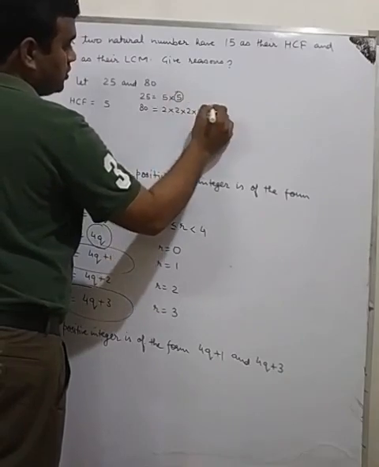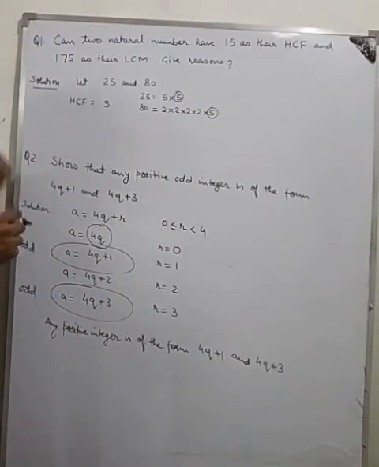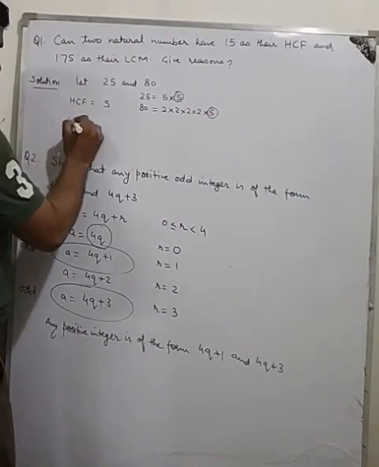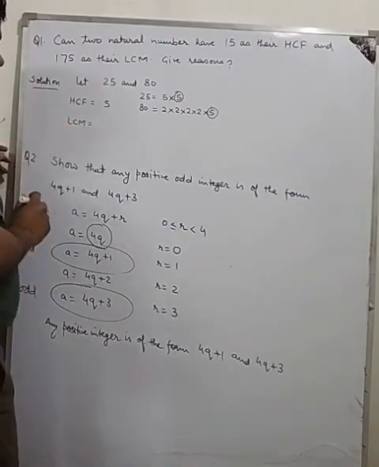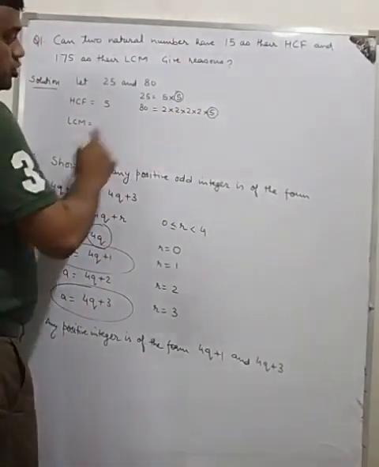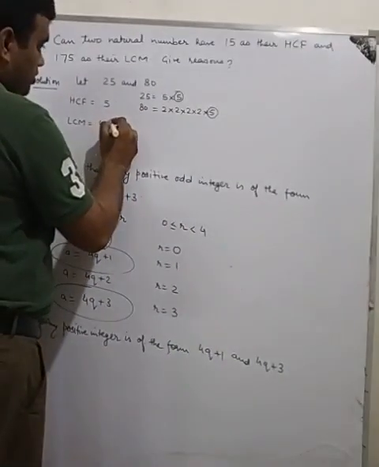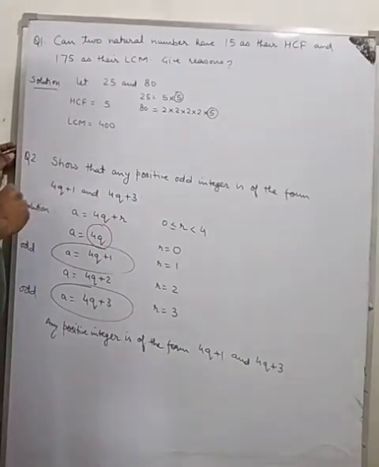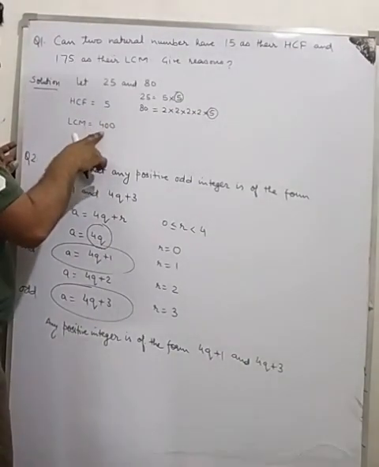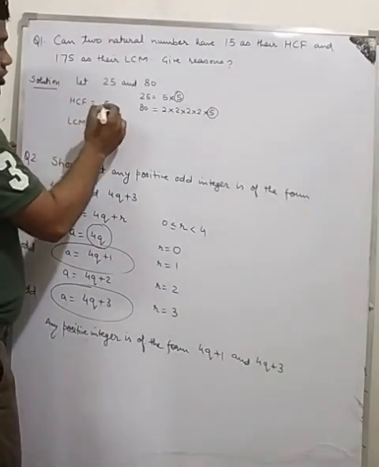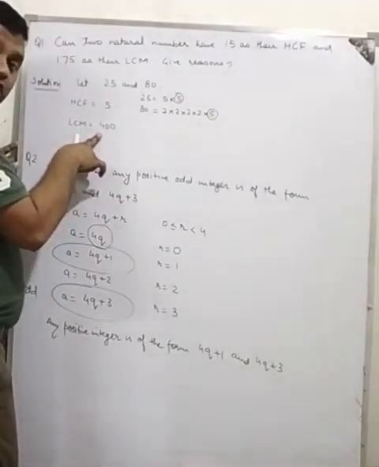So this is the HCF. And LCM is 25 into 16, which is 400. If we see, this 5 is a factor of this 400.